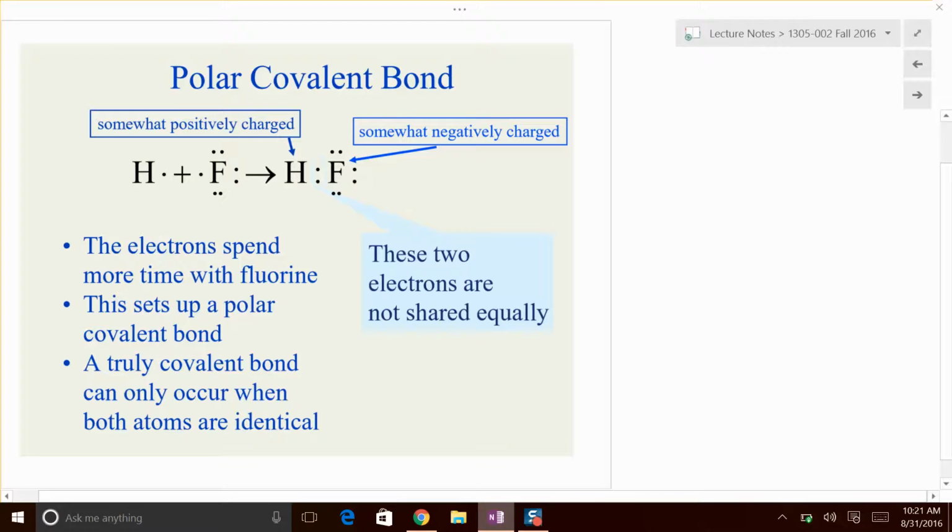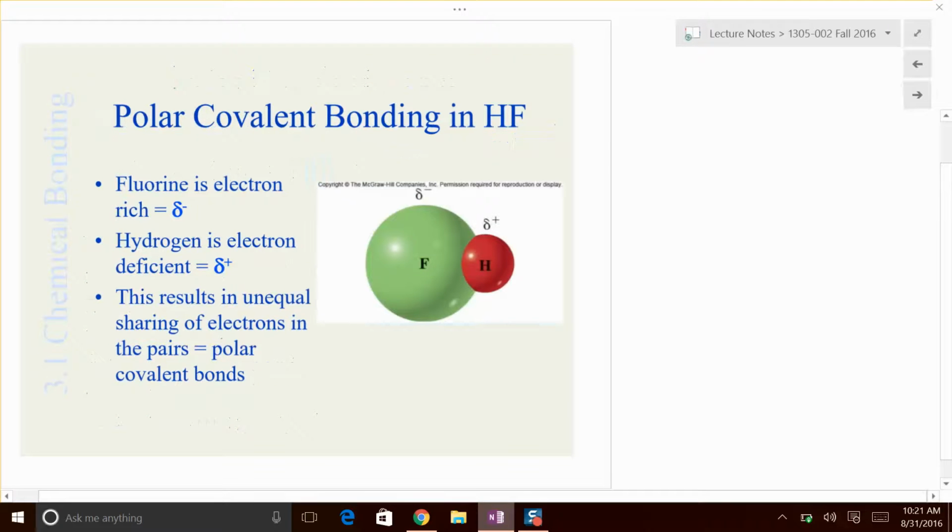Okay, so here's HF. They're going to share those electrons, and now fluorine will be partially negative, and hydrogen will be partially positive, because the electrons are going to be more attracted. So this is negative, electron rich, and this is electron deficient. Okay, because it's pulling those electrons towards the fluorine, away from hydrogen.